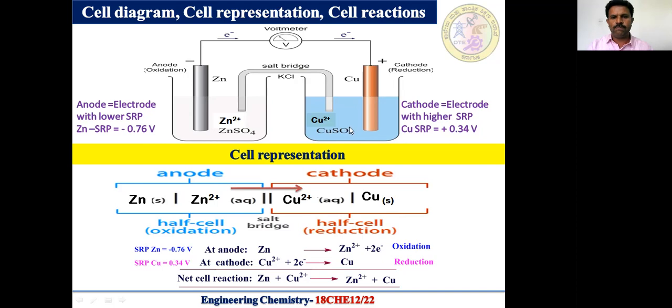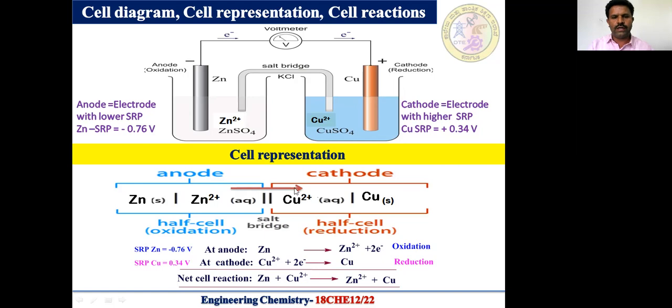The copper sulfate solution and the copper are separated by a single vertical line. This indicates the phase boundary between solid and solution phase. And anode and cathode are separated by double vertical line, that is salt bridge.